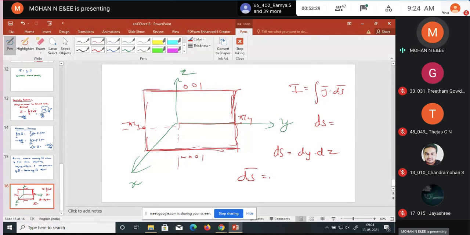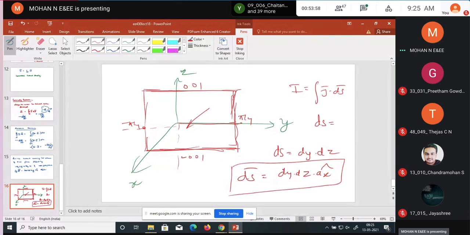So which axis is normal to this plane? Yes, the normal to the plane is nothing but the x-axis. So dy into dz into ax cap. This is your ds vector.